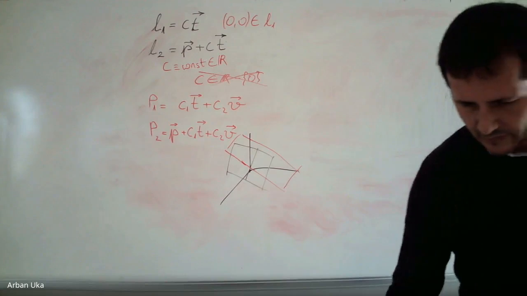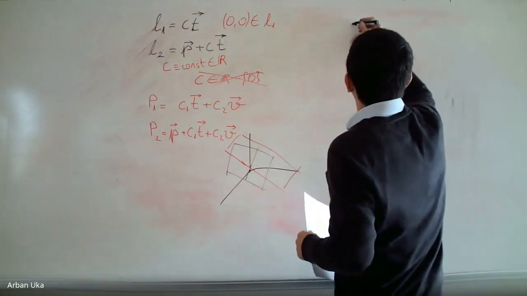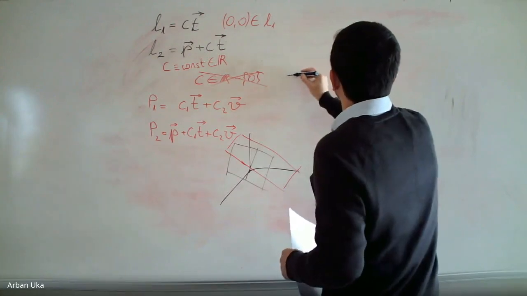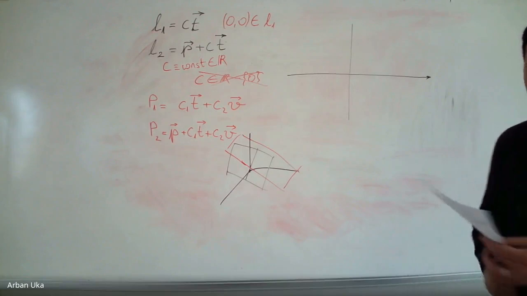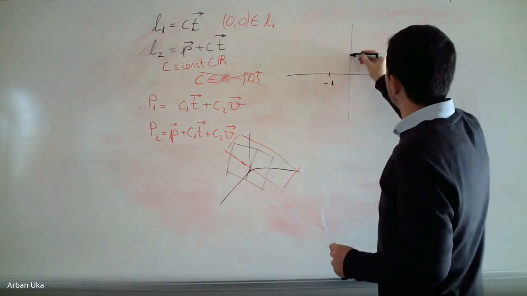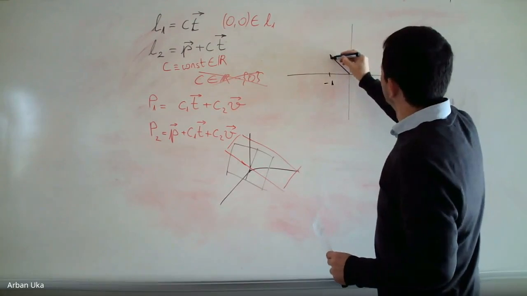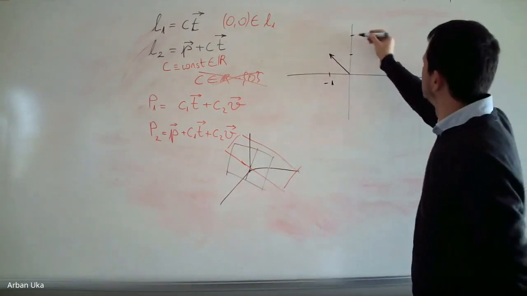Okay, so let's think for a moment. Let's assume we have a point which is (-1, 1), which is this vector here, and we have another vector which is (3, 2).